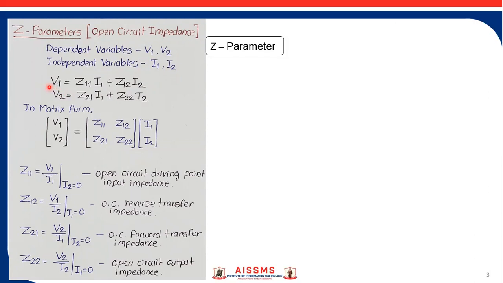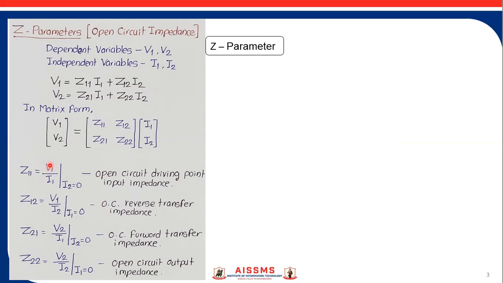Z parameter equations: V1 equal to Z11 I1 plus Z12 I2, V2 equal to Z21 I1 plus Z22 I2. In matrix form, V1 and V2 are dependent variables and Z11, Z12, Z21, Z22 are the parameters, and I1 and I2 are independent variables.